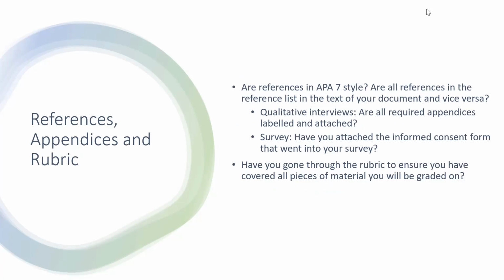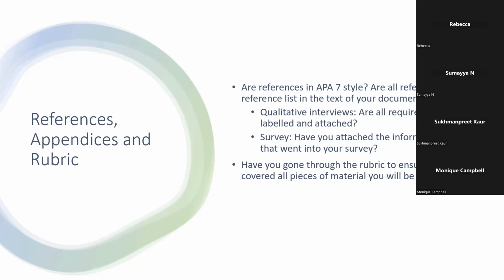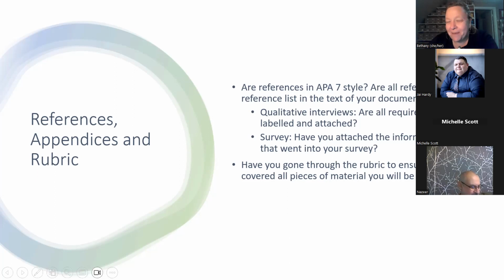And Jay's special request is that not everyone should contact him in the next 3 days to ask about their APA style. Is that true, Jay? I certainly did not say that. Okay. No, so you want everyone to contact you with their APA?